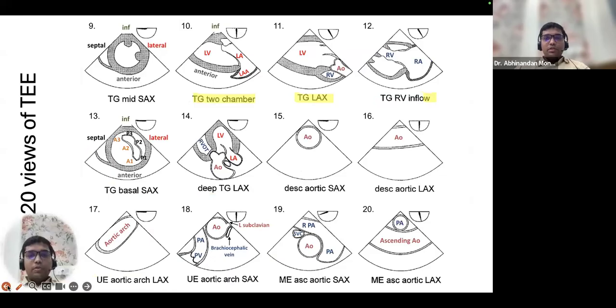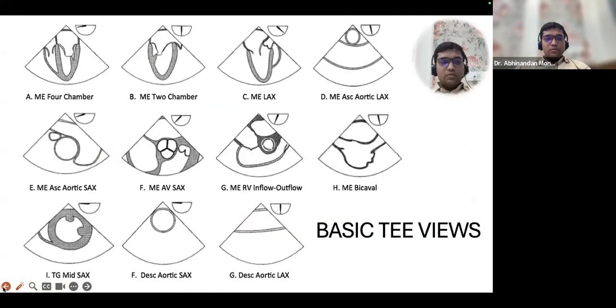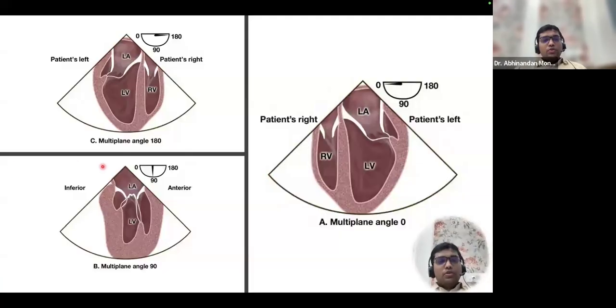I'm going to one of my previous slides. So in this image, at 90°, in any image, this is your inferior and this is your anterior.